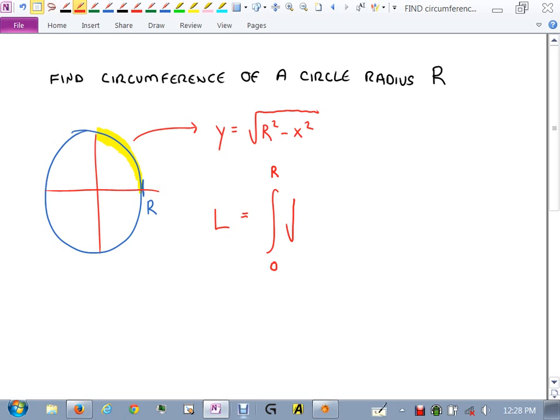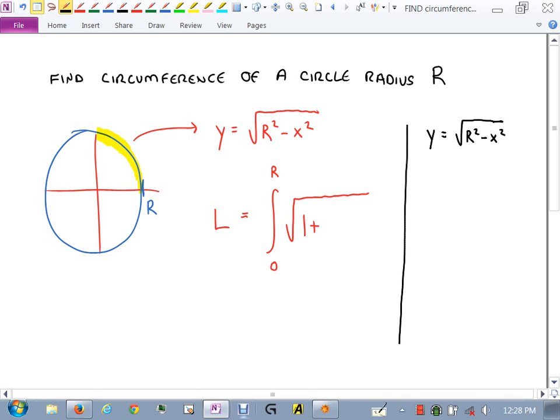Square root of 1 plus what? The derivative squared, right? The derivative of y squared. That means you have to go find the derivative of y, so on the side here, scratch work, I need to take y and find its derivative. So what's y prime? Well, this is chain rule, right?